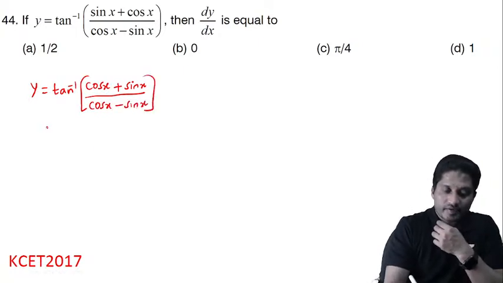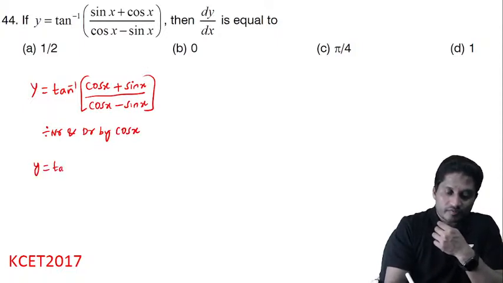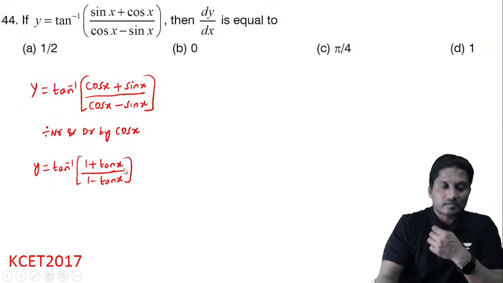Right, I'm going to divide numerator and denominator by cos x. If I divide numerator and denominator by cos x, this becomes tan inverse of, cos cancels, (1 plus tan x) divided by (1 minus tan x). 1 plus tan by 1 minus tan.